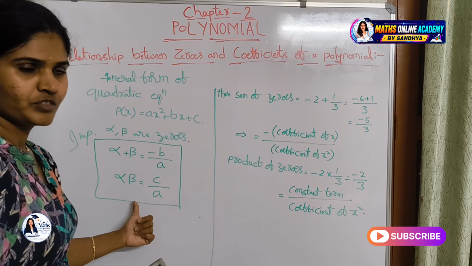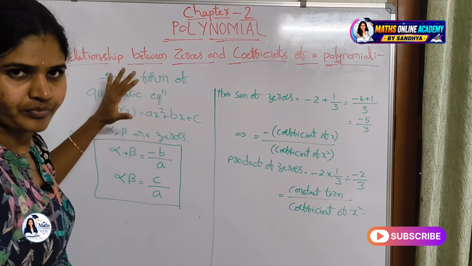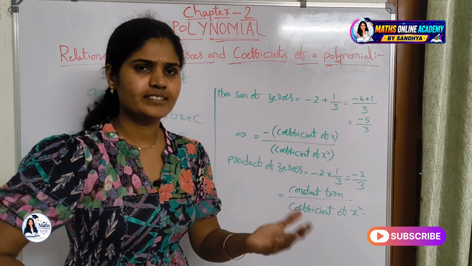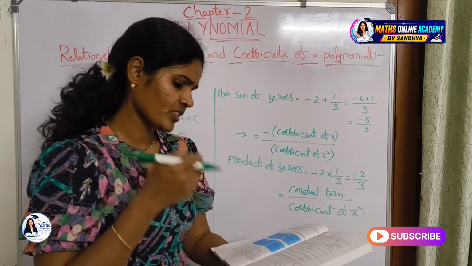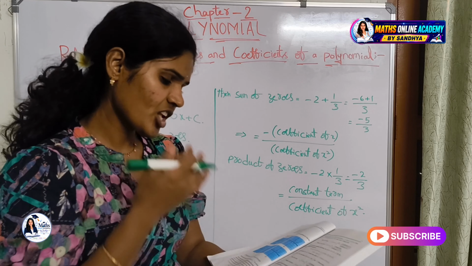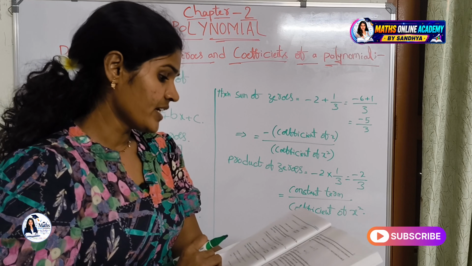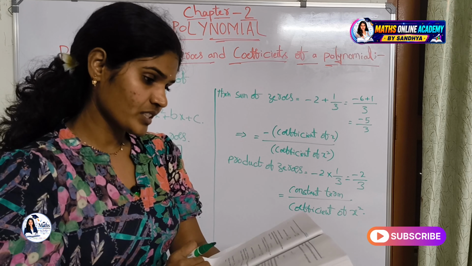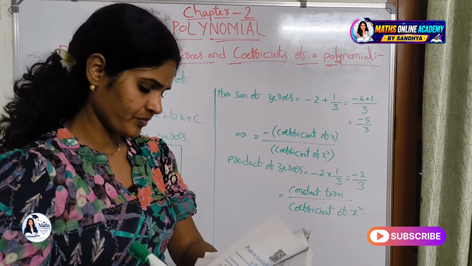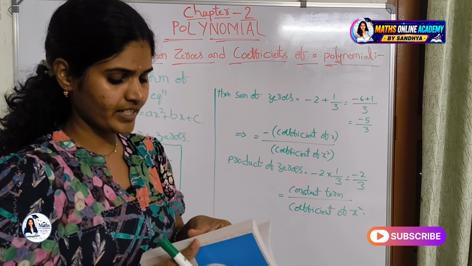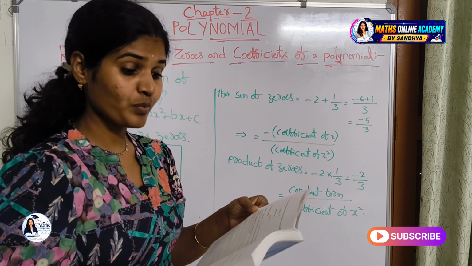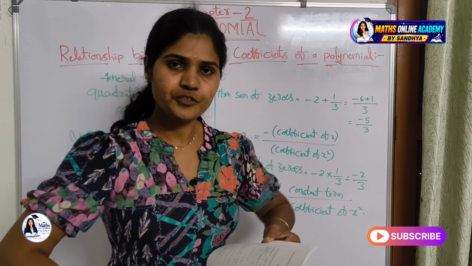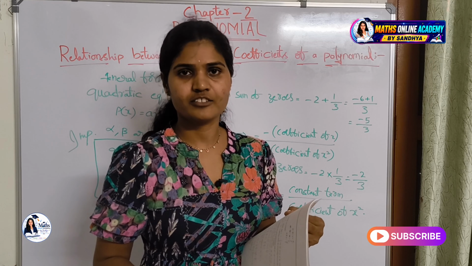Okay. Based on this concept, you can solve exercise 3 and 4, and example 2, 3, 4 and 5, and exercise 2.2 also. You try it. If you get any problem, I will explain it to you.